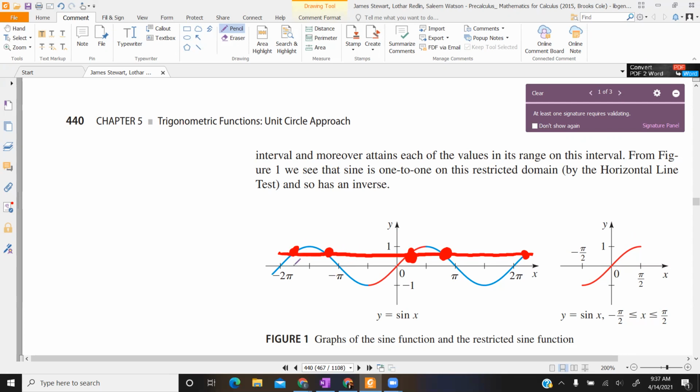Any given value between 1 and negative 1, because these functions don't go above 1 or below negative 1, it takes on infinitely many times for infinitely many distinct numbers. But here it's clear that it satisfies the horizontal line test and is therefore invertible.